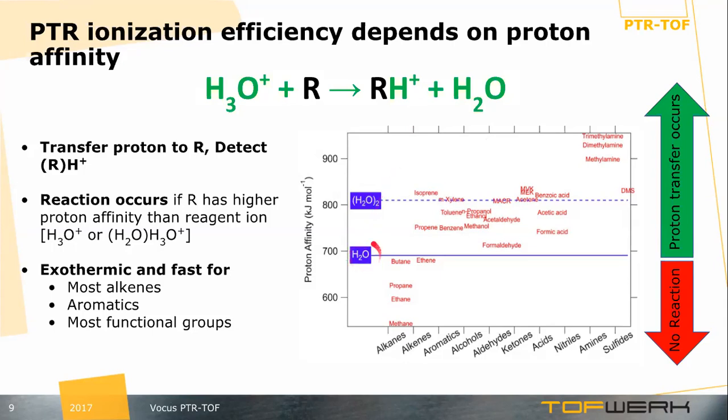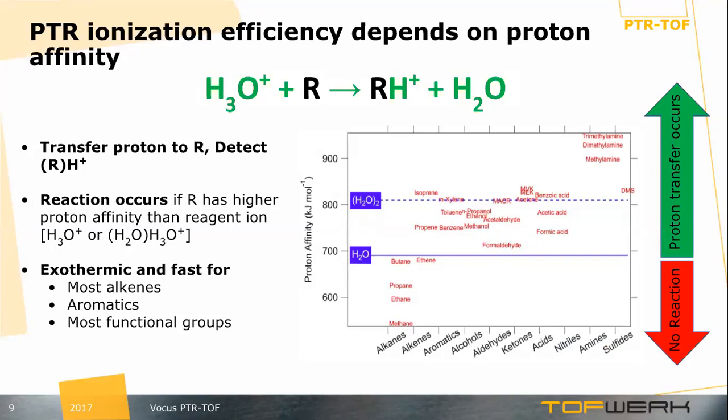If your reactant ions are H3O+, they have the proton affinity of water, and then you can ionize things like benzene, methanol, toluene, as well as DMS, benzoic acid, MBK. But if you have too much water, or your water cluster distribution is not controlled, and you're fixed with the first water cluster, meaning H3O+ with a water attached, then your ability to ionize things like benzene, formaldehyde, acetic acid or formic acid falls off quite steeply, because the proton transfer reaction does not proceed.